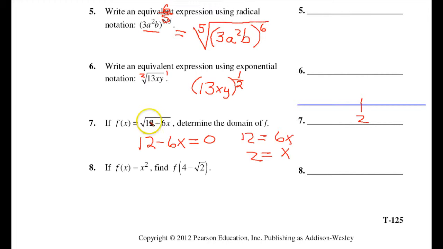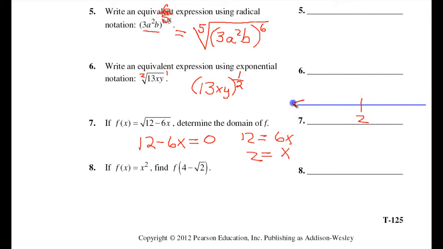The square root of a negative number is not a real number. So what we do is we equate our radicand to 0. I'm transposing that to this side. I get a positive 6x. I'm going to divide both sides by 6, so I get x equals 2.